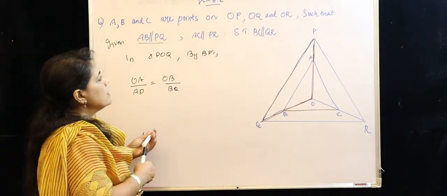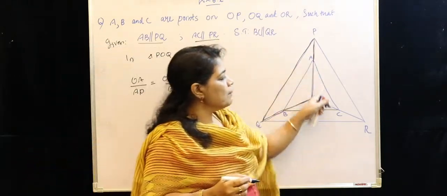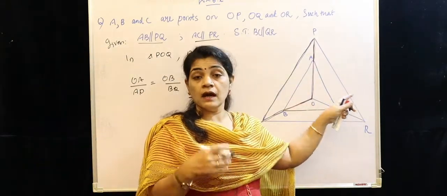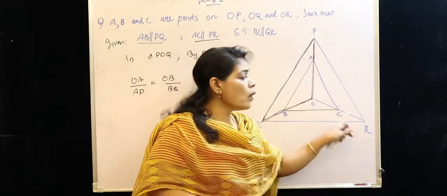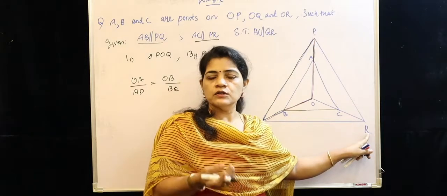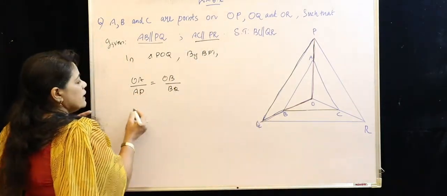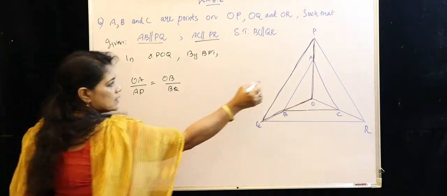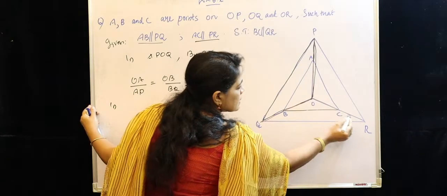And also we have given AC parallel to PR. PR is a side of triangle POR, so we have to consider that triangle. So the second triangle is POR, this triangle.